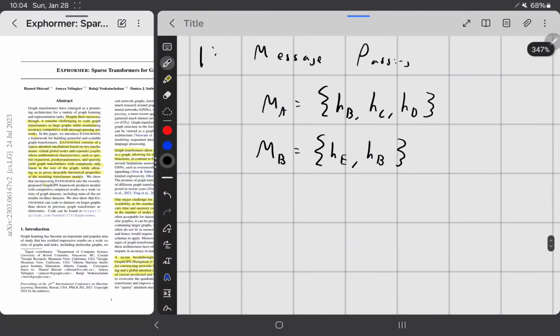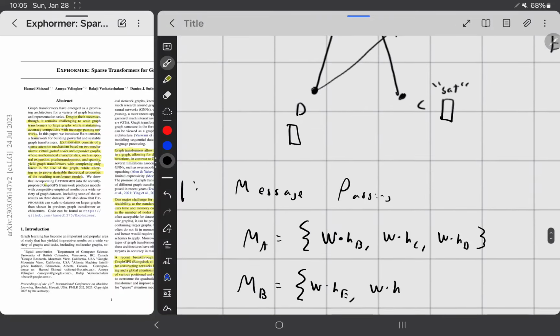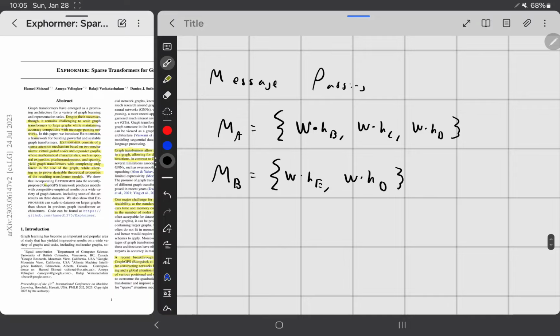Now, usually one actually transforms these features as they are sent across. So the messages would actually be W times h sub b, W times h sub c, and W times h sub d. And this would be W times h sub e and W times h sub d.